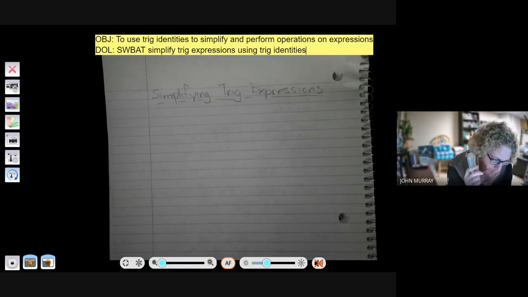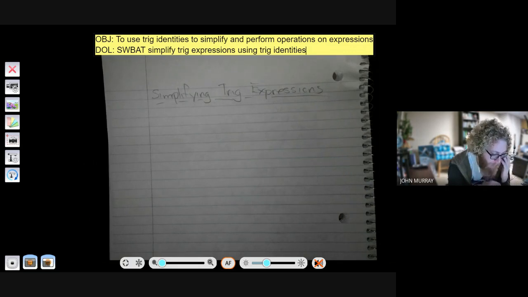So there's a few different ways that you may be asked this. You may be given an equation, with an equal sign, and they may say make one side look like the other, or prove that this is true. We'll get to that eventually. That'll be next week. Another thing they may ask you to do is just to simplify.